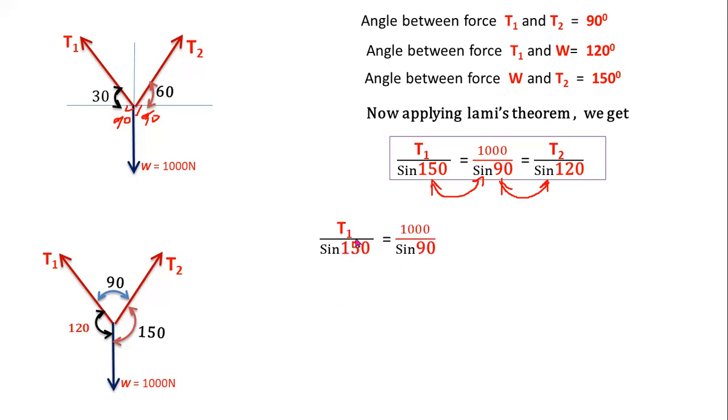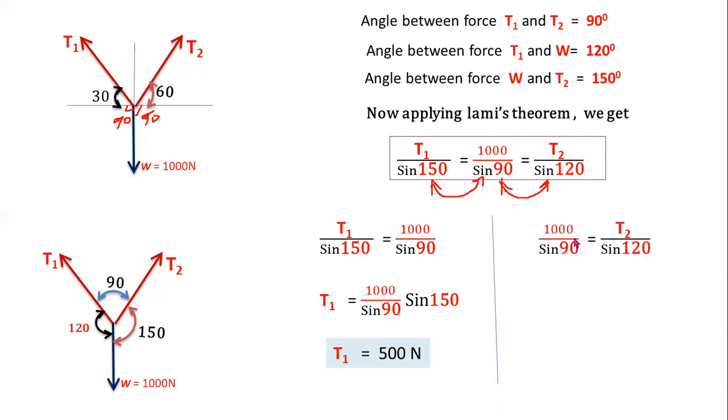Now apply cross multiplication. T1 equal to 1000 by sin 90 into sin 150. So from this equation, the tension in the string T1 equal to 500 newtons. Now consider these two equations as they are: 1000 by sin 90 equal to T2 by sin 120.